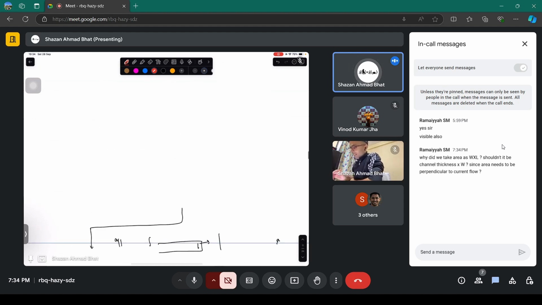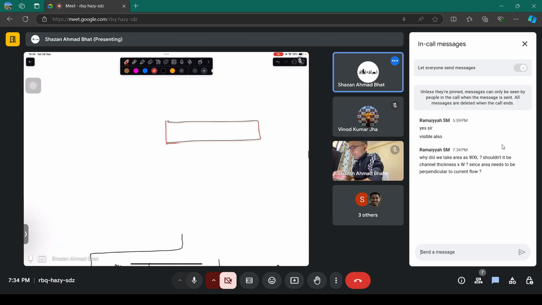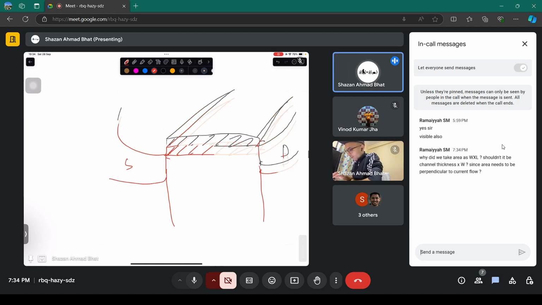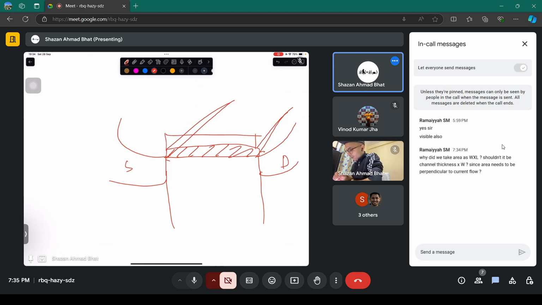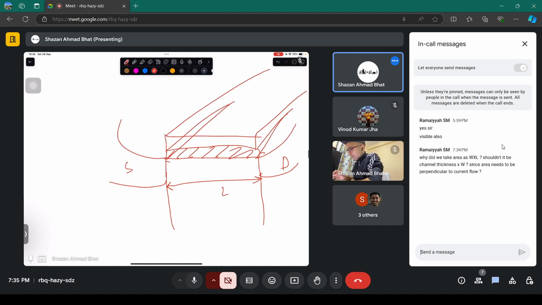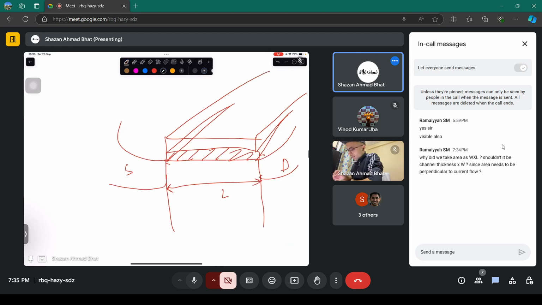Okay, so you are saying why did we take this area. Let me draw it, like a 3D view: source, drain, this is the oxide, and this is the gate over it, and this is length, and this is width.